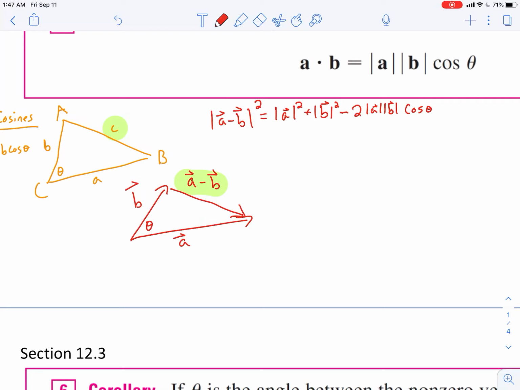Now, if you remember from above, the distance of vector a minus b squared is just the dot product of itself. So the dot product of vector a minus b with itself is the same thing as the magnitude of vector a minus vector b squared.